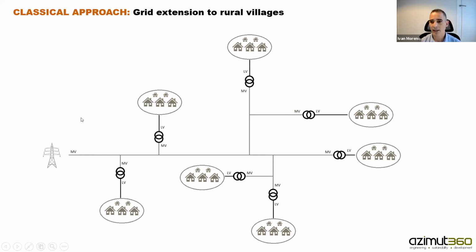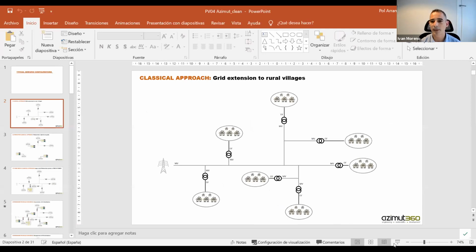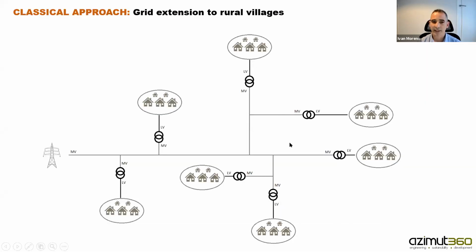So we can find the transmission grid and a sort of backbone of medium voltage distribution lines deployed to reach each site, and those villages will have their own step-down medium voltage transformer to match the low voltage grid inside of the community. So this is what we find in many countries, and it's a typical grid extension model.